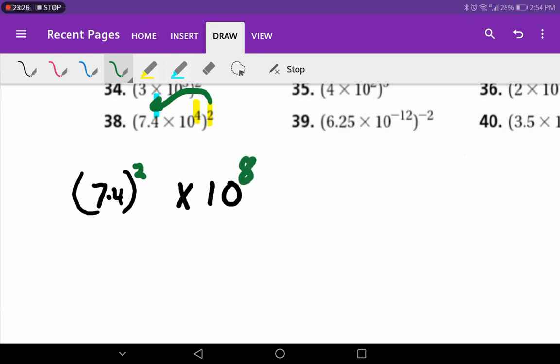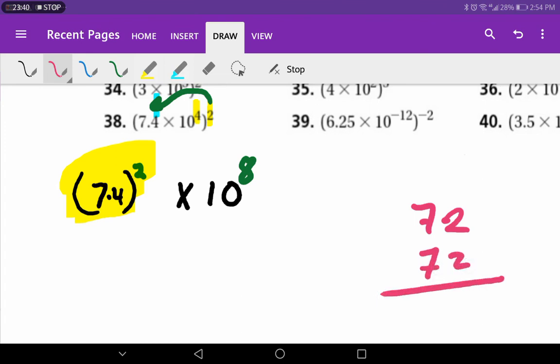Okay, now we have to find out the answer of this. Believe me, you do it like this: 7.2 multiply 72, you will get this answer. Just to save your time, it is 5,184, and I know there are 2 digits after the decimal, 1, 2.